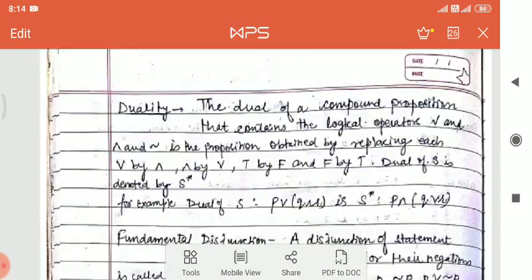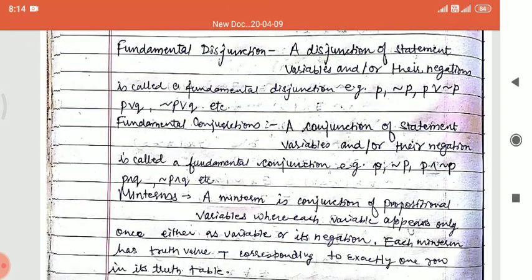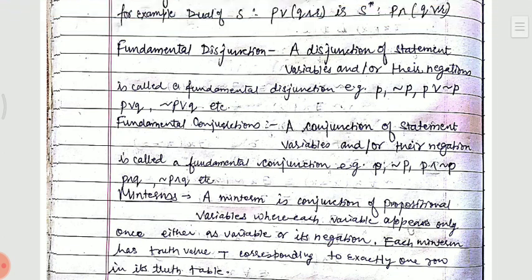Fine. So these are examples of fundamental disjunction.